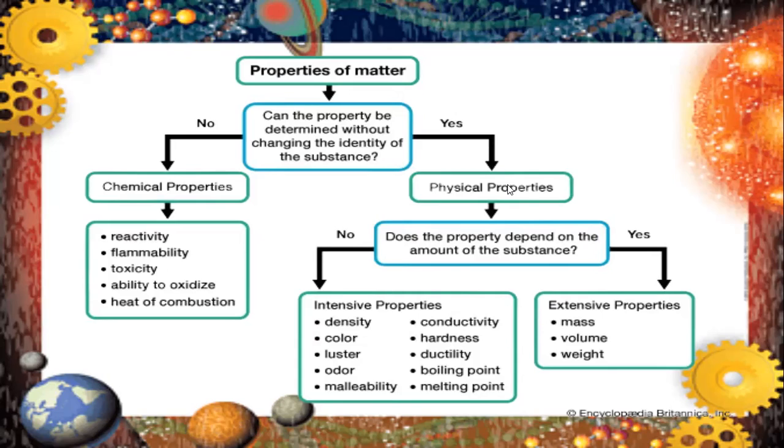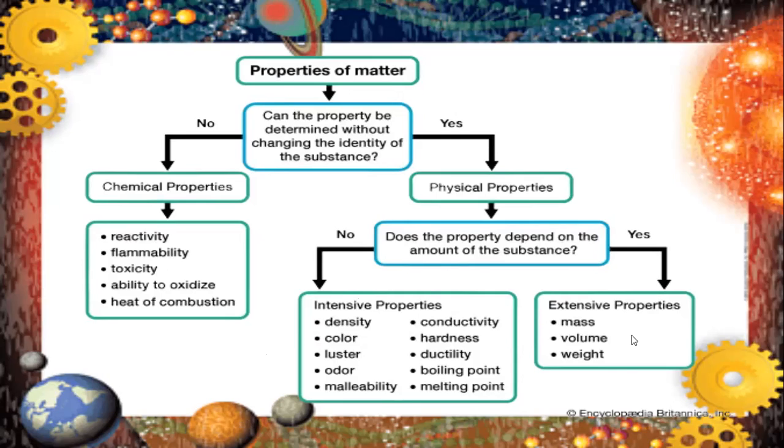As you can see here, we have two types of physical properties: the intensive property and the extensive property. For intensive, we have the density, color, luster, odor, malleability, conductivity, hardness, ductility, boiling point, and melting point.